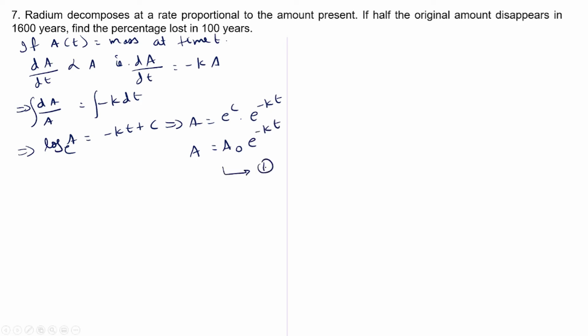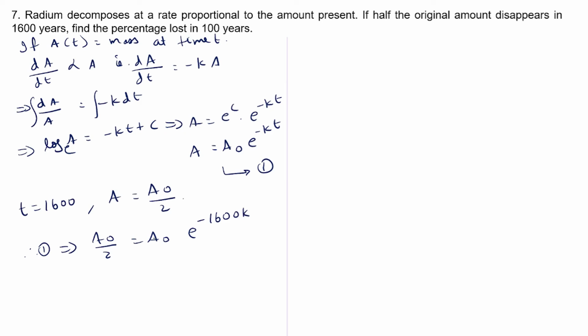Let us mark this as 1. This is the model. Here it is given half the original amount disappears in 1600 years. So t equal to 1600 and A equal to A naught by 2. Therefore 1 implies A naught by 2 equal to A naught into e raised to minus 1600 K.